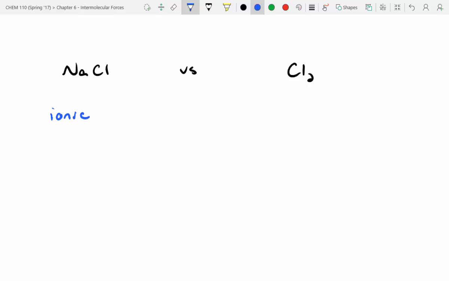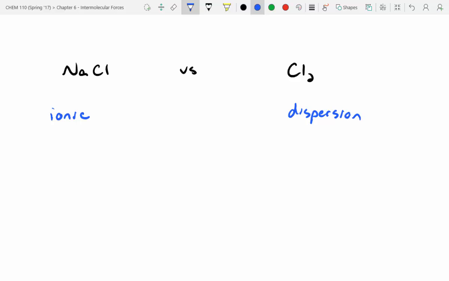What about with Cl2? Is it going to be dispersion? Is it going to be dipole-dipole? Is it going to be ion-dipole or ionic? Can't be H bonding, there's no hydrogen. Dispersion, right? So Cl2, even though chlorine is fairly electronegative, it's pulling on itself. So this would be dispersion.